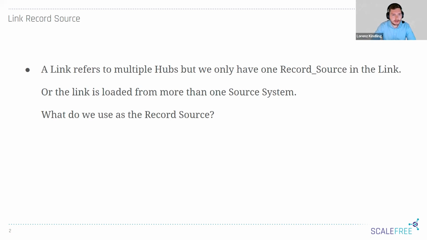Other than that, for hubs, it's pretty much the same. Satellites we always split per source system. So in one satellite, you should only have the same record source entry essentially. And I think that's it. I hope that answered your question and helped a little bit.